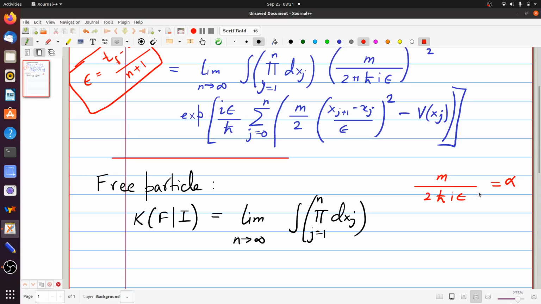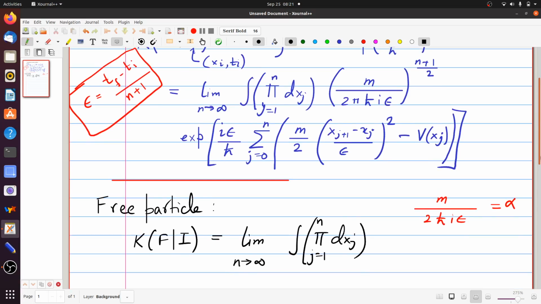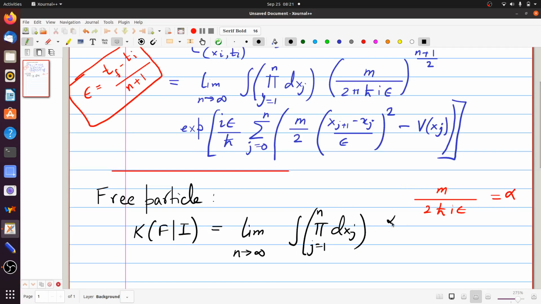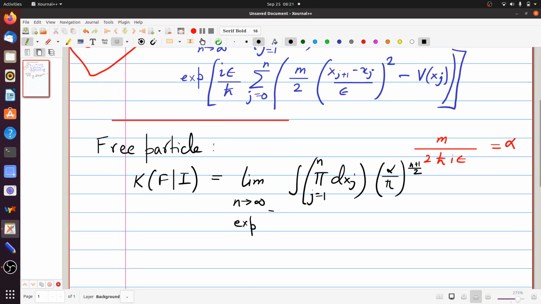That will simplify the notation a lot for us. So in particular, what that will do is this big factor, m by 2 pi h cross i epsilon to the power n plus 1 by 2, will simply become alpha by pi to the power n plus 1 by 2. And inside the exponential, this sum will become minus alpha.